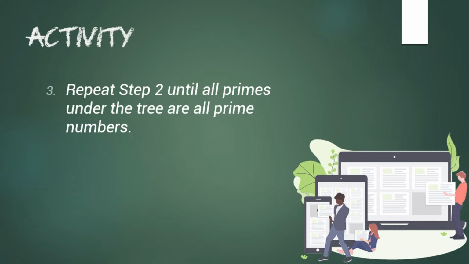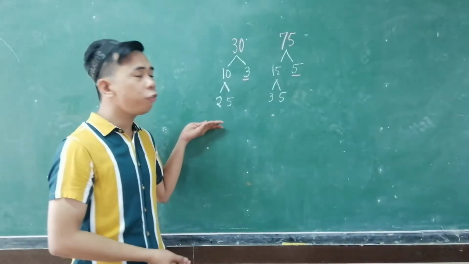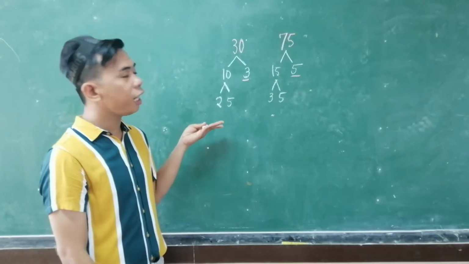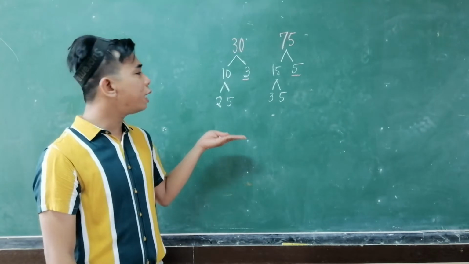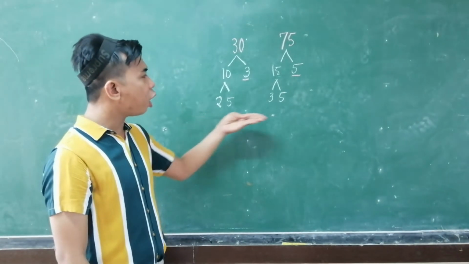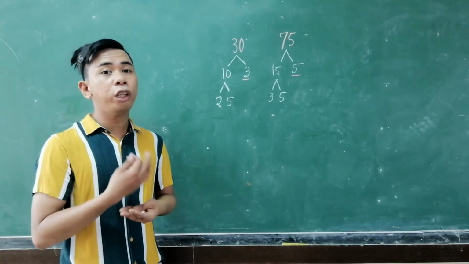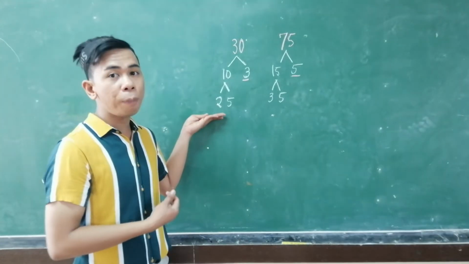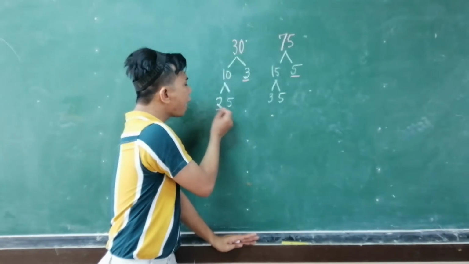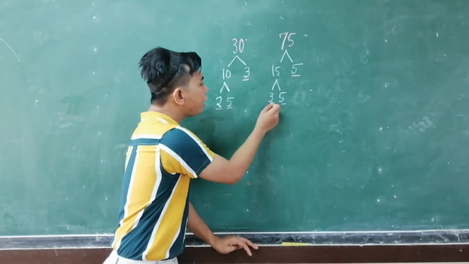Step 3. Repeat step 2 until all the numbers after the 3 are prime numbers. So let's check if all our numbers are prime numbers. If we see any composite numbers, we should factor it further until all the numbers are prime. So 2 is a prime, 5 is a prime, and 3 is a prime.